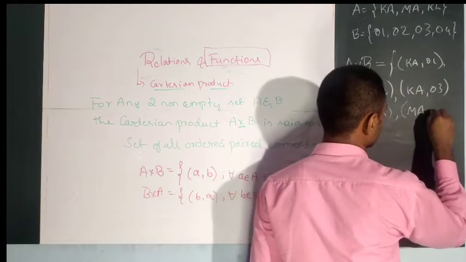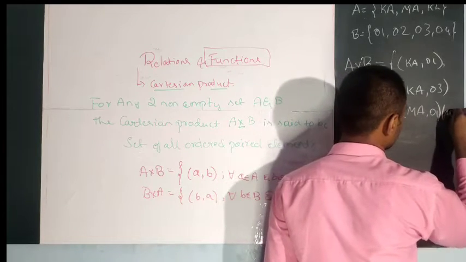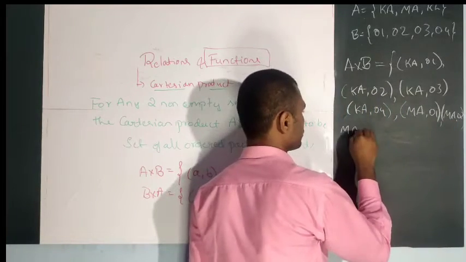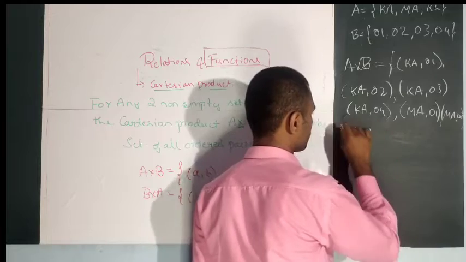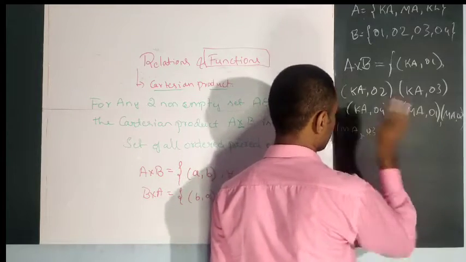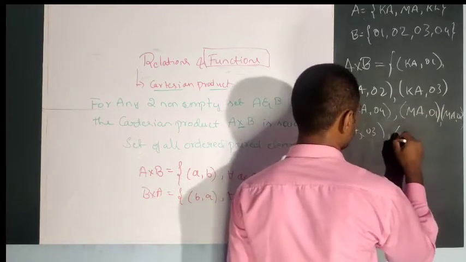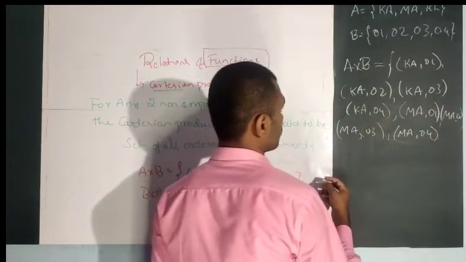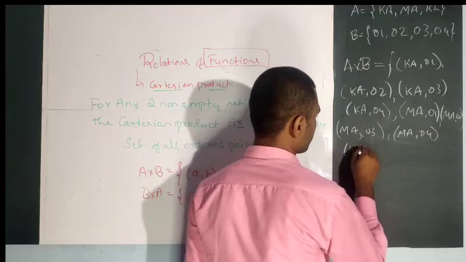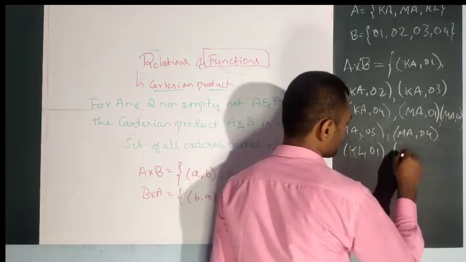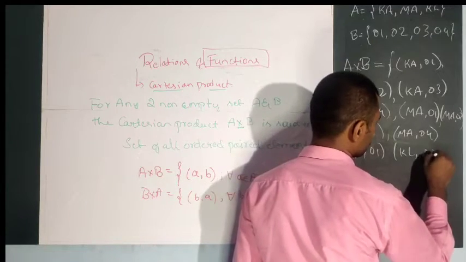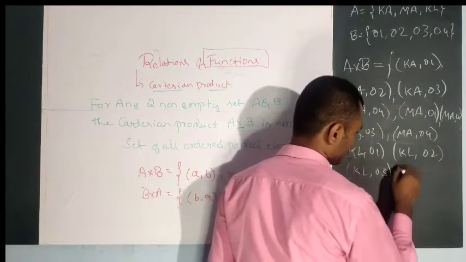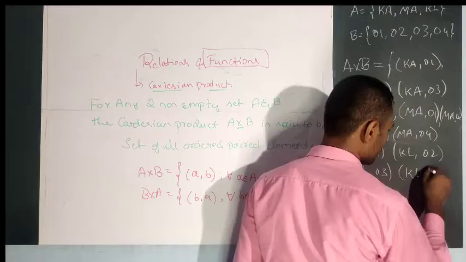Maharashtra with 01, Maharashtra with 02, Maharashtra with 03, Maharashtra with 04. Then at last Kerala. Kerala with 01, Kerala with 02, Kerala with 03, and at last Kerala with 04.